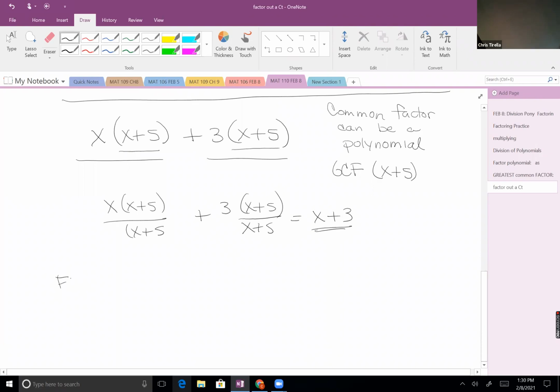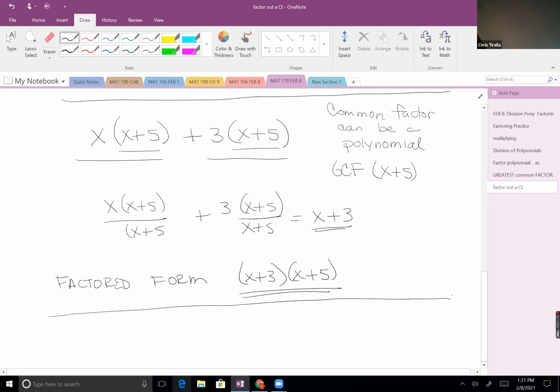And so my factored form will be the x plus 3 times the x plus 5. Can everybody wrap their minds around that?